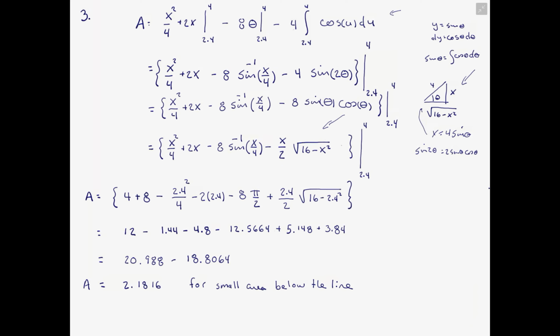And when I do the math, I end up with that corner area, the unshaded piece, has an area of 2.1816, whatever square units we're using. We've got to remember that we're dealing with square somethings. Inches, feet, acres, whatever dimension we're using.